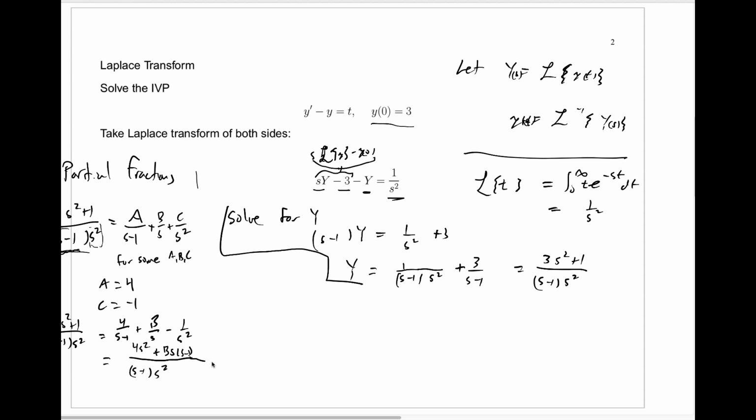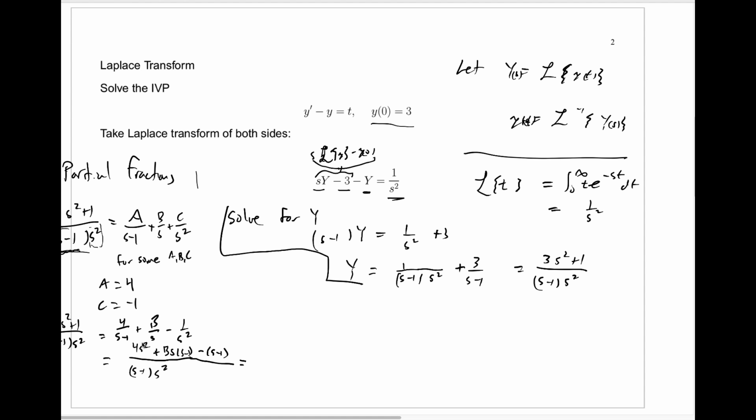And then we have the third term, minus 1 over s squared, is just minus s minus 1 over this common denominator. And then we can expand out the numerator and write it in standard polynomial form.